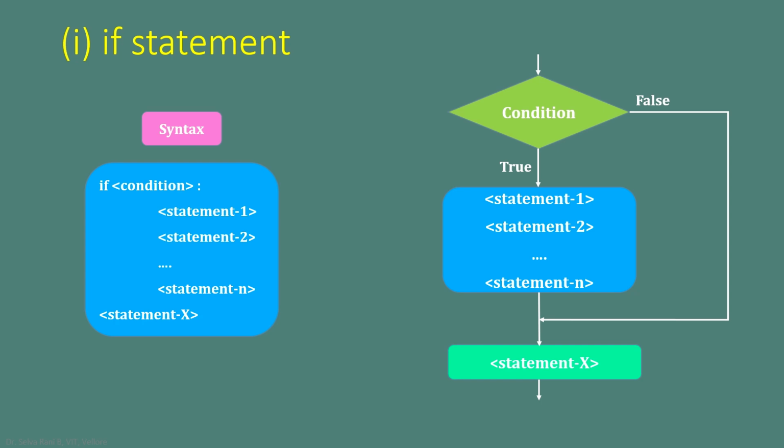Hence, if the condition is true, the statements 1, 2, 3 up to n are executed in sequence, and the control is transferred to statement X, which follows the if construct. But if the condition is false, no statement inside the if construct is executed. The control is transferred directly to statement X, which follows the if statement.